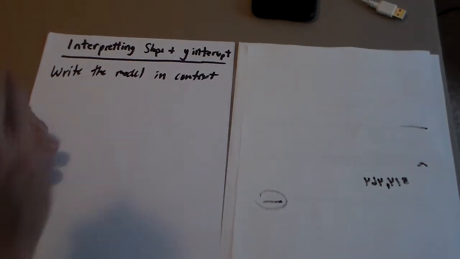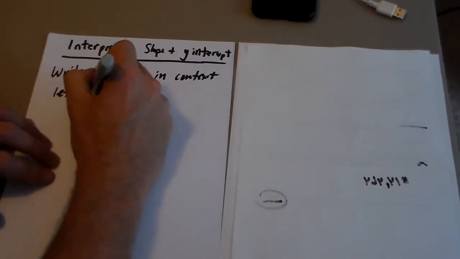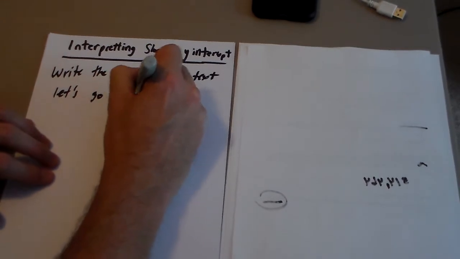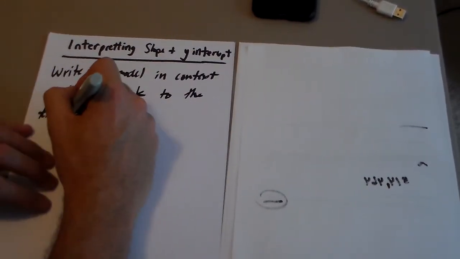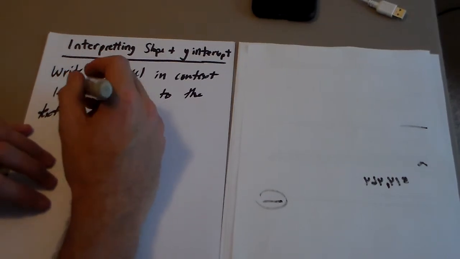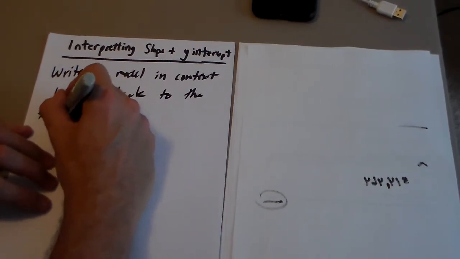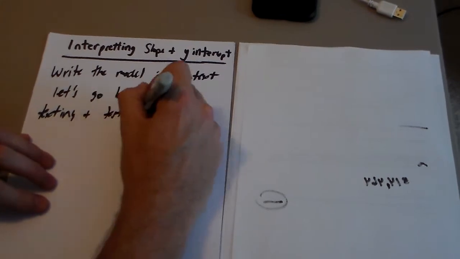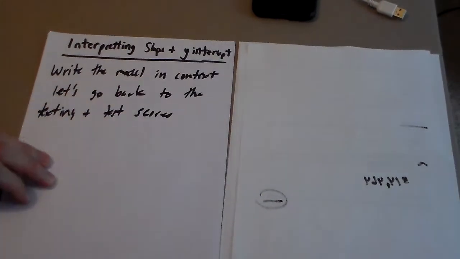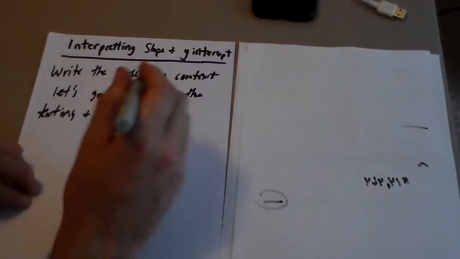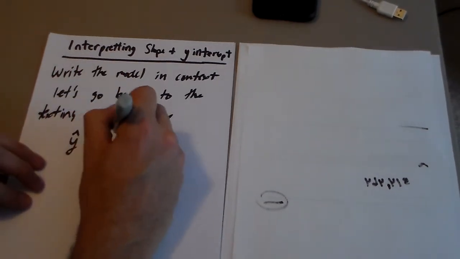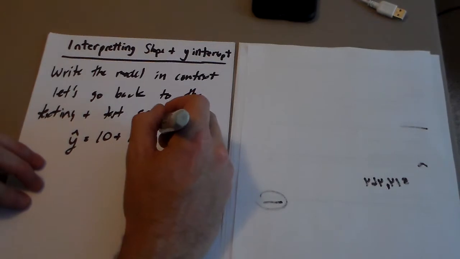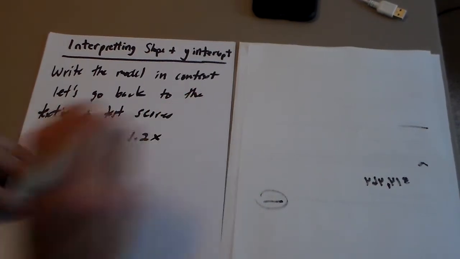So we're going to go back to the texting example, okay? Texting and test scores. So we had this equation that said this: 10 plus 1.2 times x.